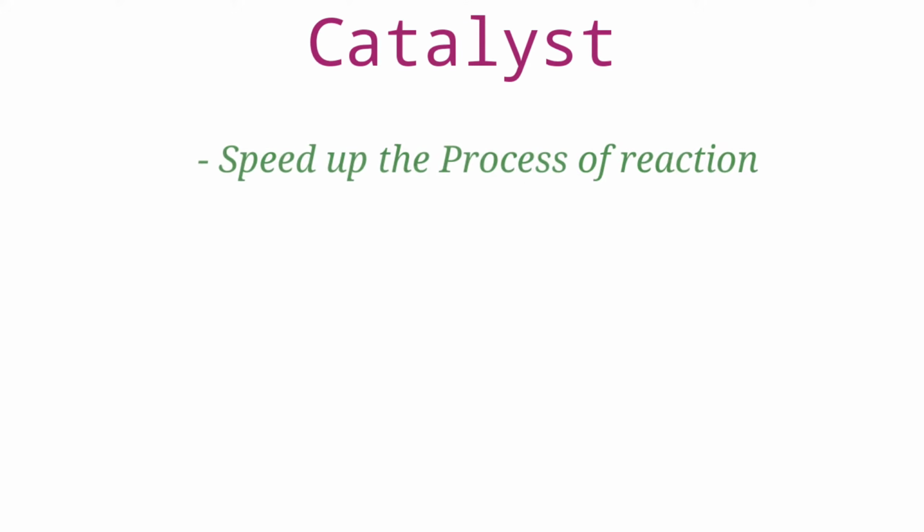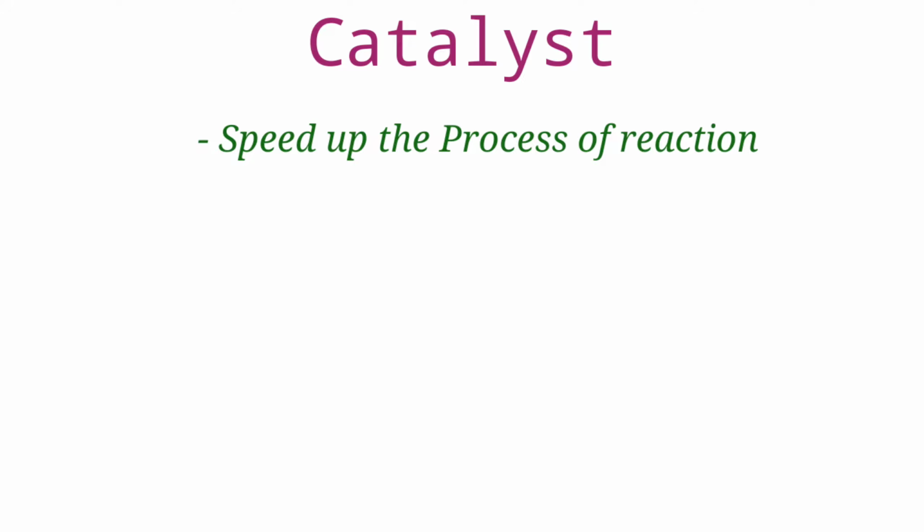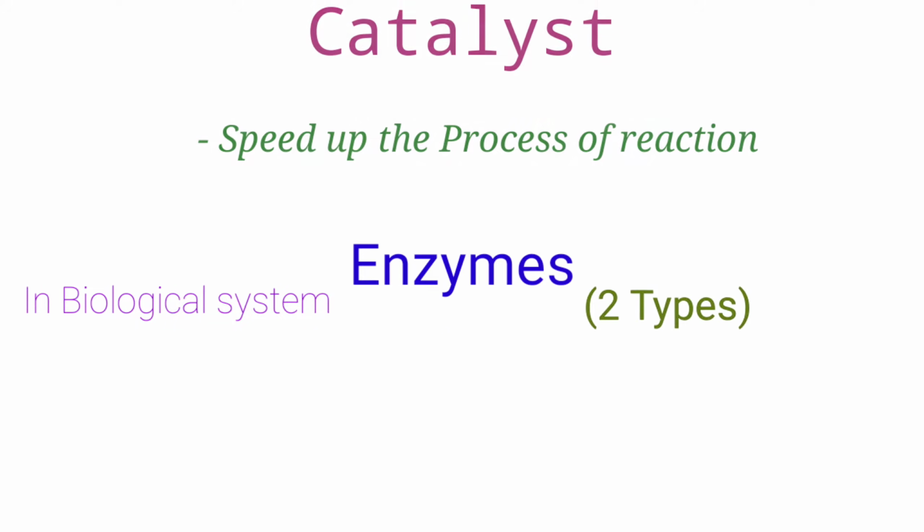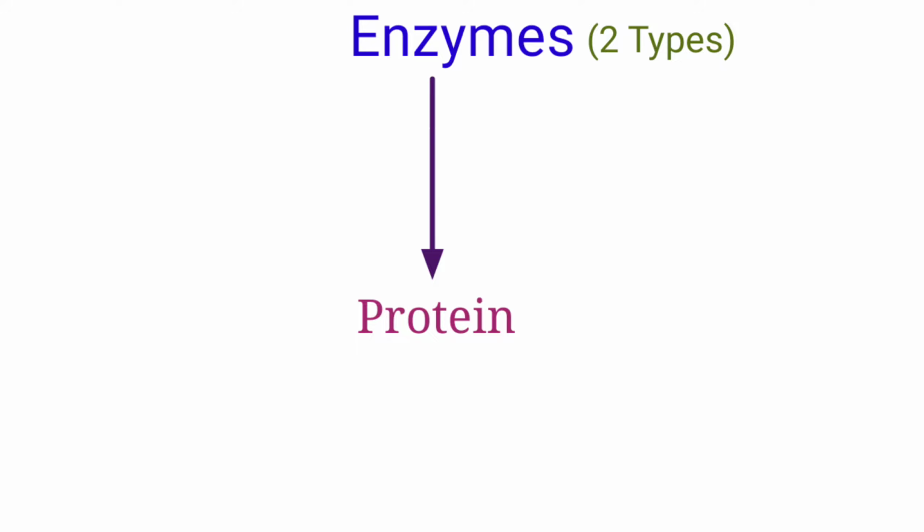Catalysts are the agents which are known to speed up the process of reaction. In biological systems, they are known as enzymes, and they are of two different types. Initially it was considered that all enzymes are made up of proteins only.